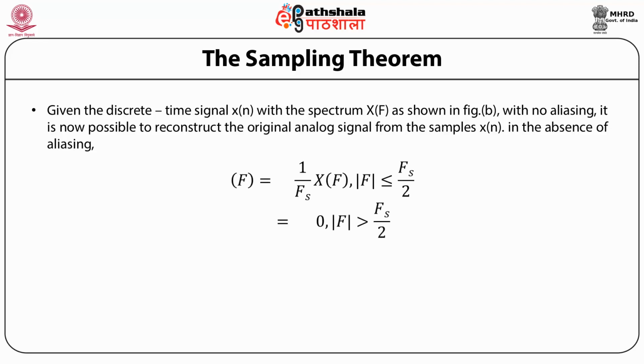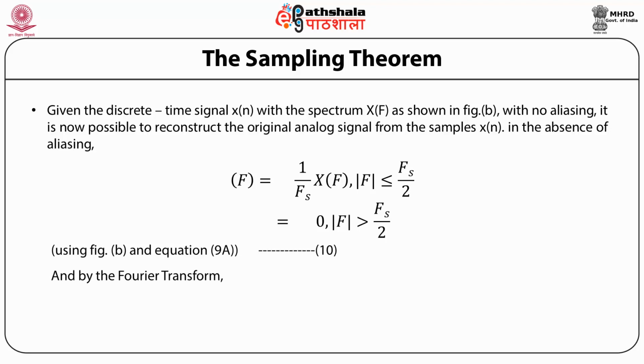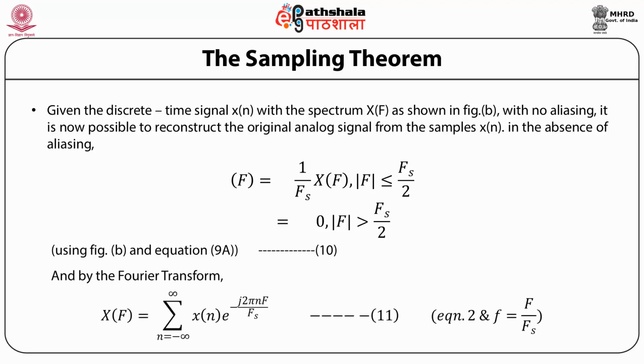That is, xa(F) equals 1 by fs x(f), where modulus of capital F is less than fs by 2, and it is equal to 0 where modulus of F is greater than fs by 2. By the Fourier transform, we have x(f) equal to the summation from n equal to minus infinity to infinity of x(n) exponential minus j2 pi nF by fs, where small f is F by fs.